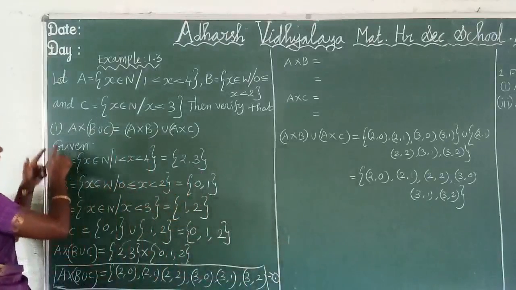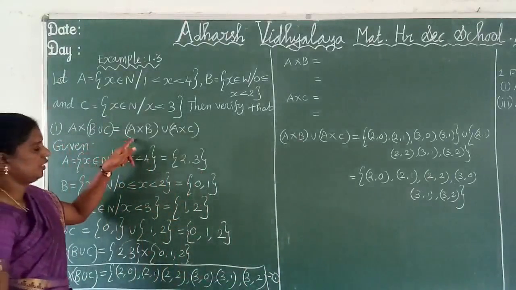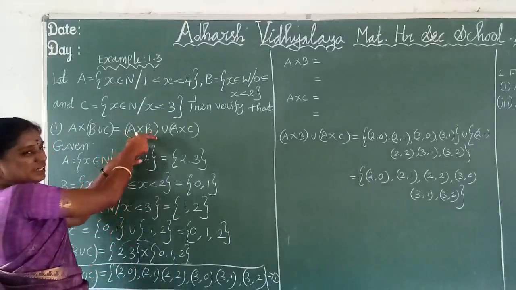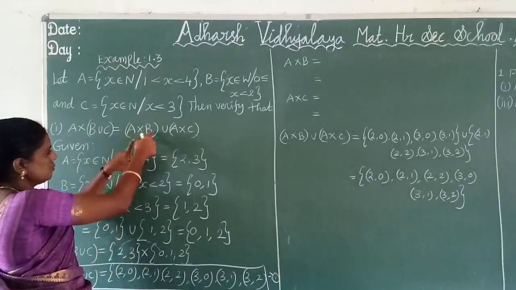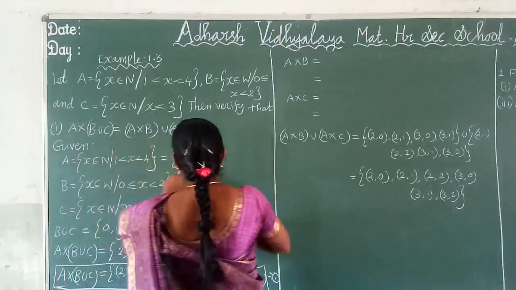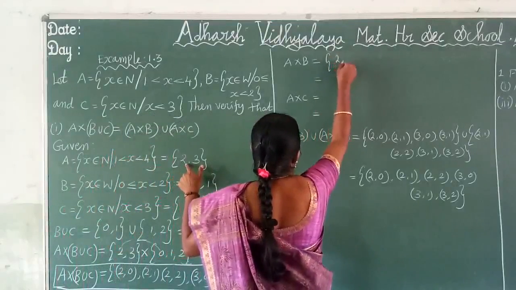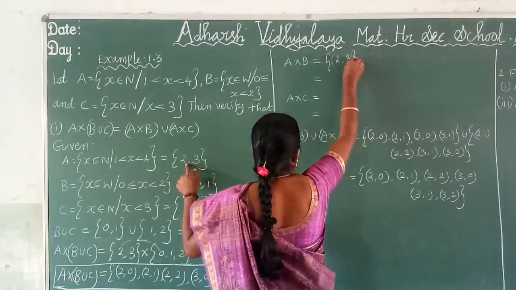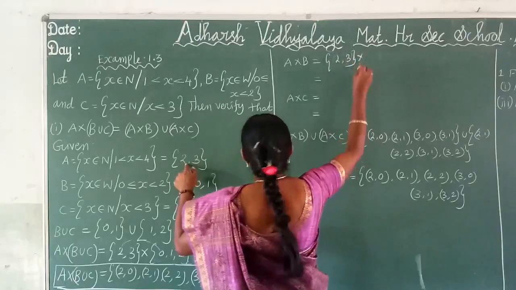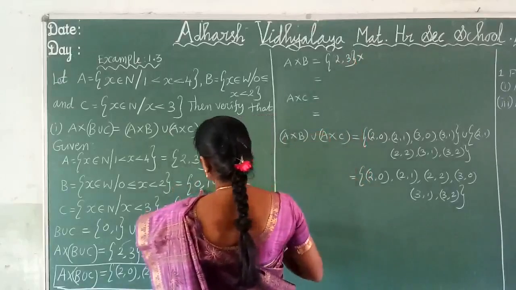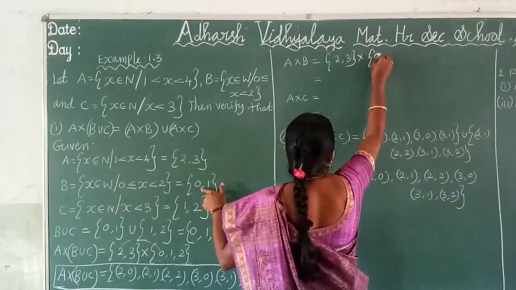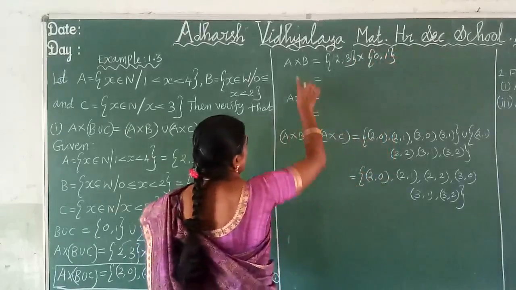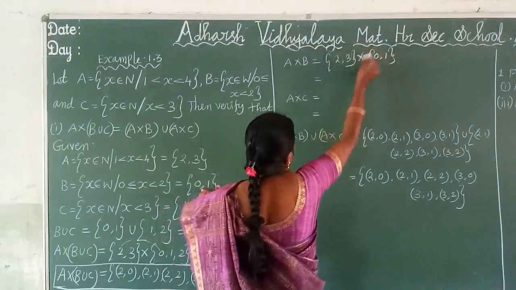That is the LHS side. Next you find RHS. Before you complete the bracket, that is A cross B. So write A is 2, 3, cross B answer 0, 1. Find A cross B: 2, 0.